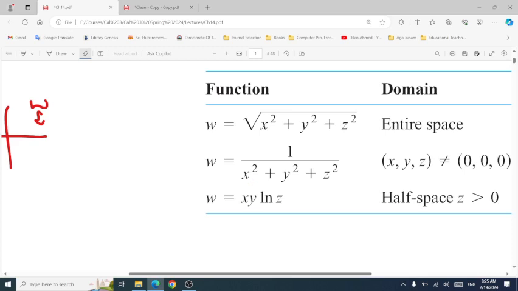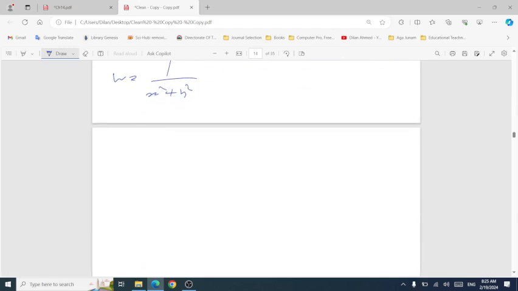Okay. So, I will remind you that y equals ln of x. What was the domain of this function? Okay.